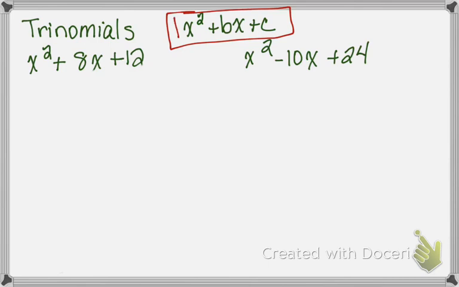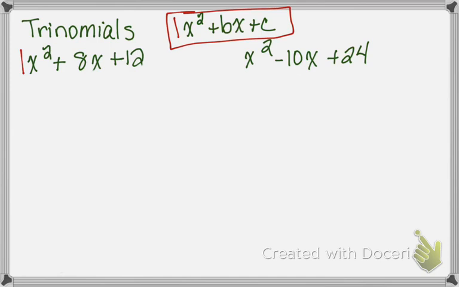So this trinomial that we're going to factor has a 1 right there. And the method and the steps that we take when we are factoring a trinomial that has a 1 in front of the x squared are different than the steps we'll take when we have a number in front of that. Okay?